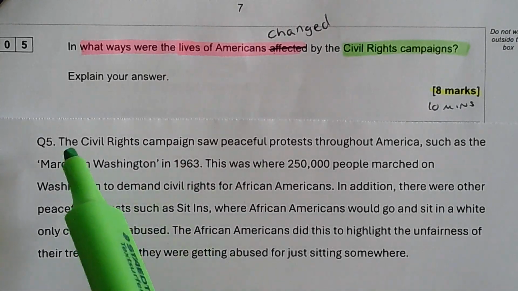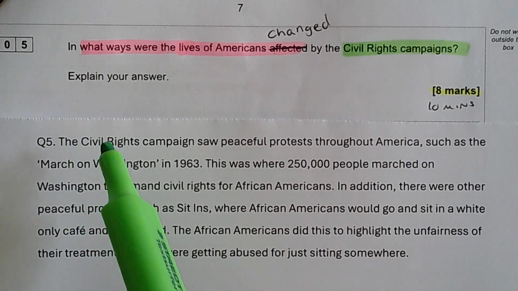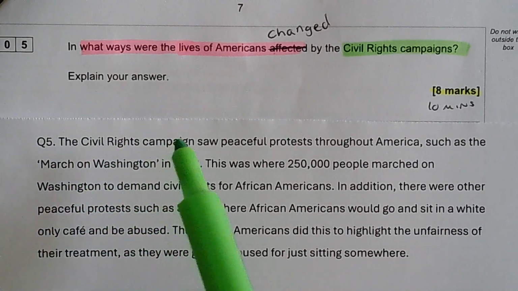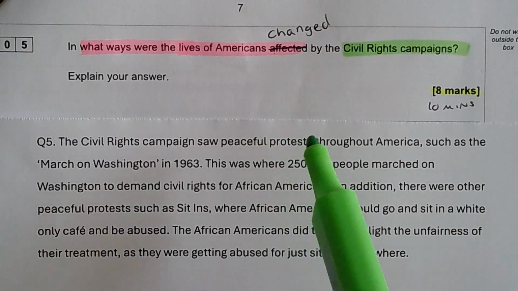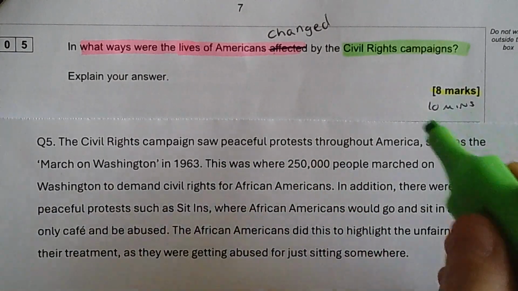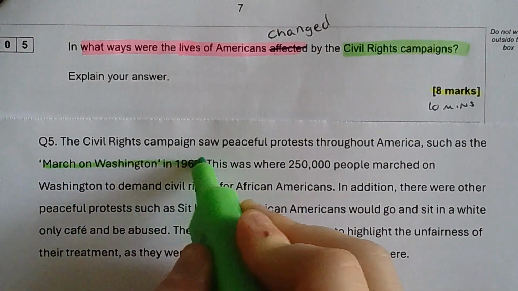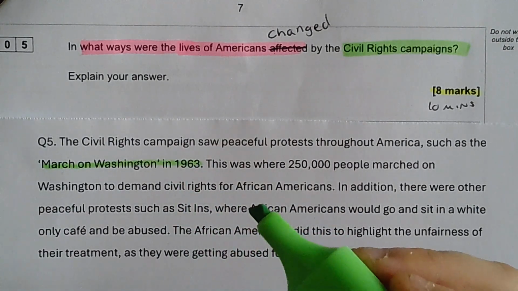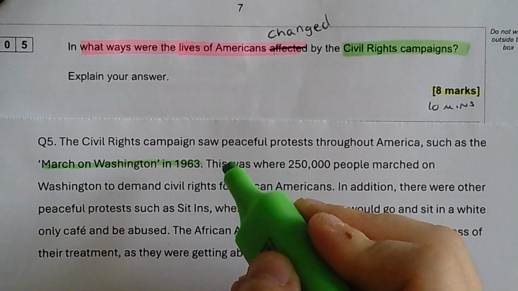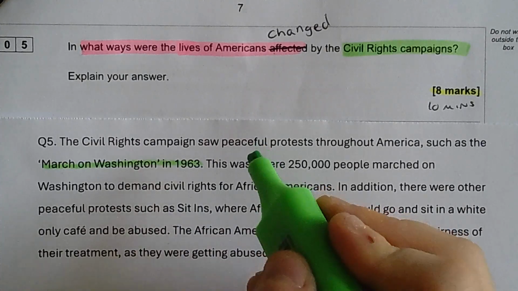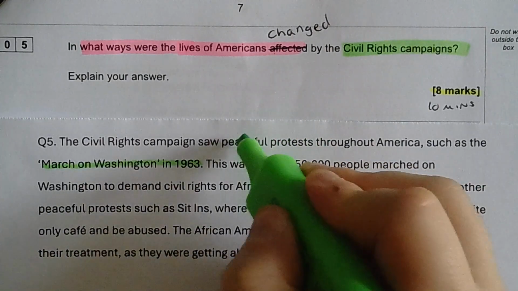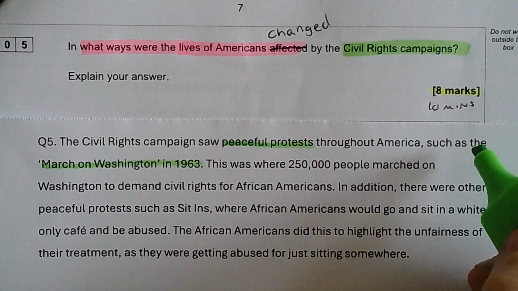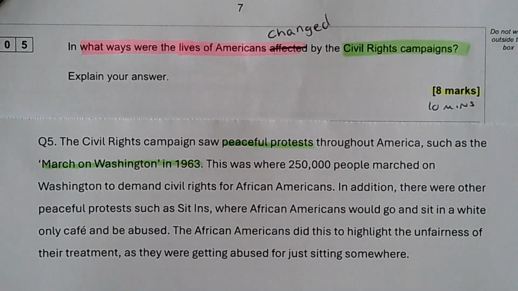So, the answer starts off as following. The Civil Rights Campaign saw peaceful protests throughout America, such as the March on Washington in 1963. So straight away, I've used the language of the question. I've explained what the Civil Rights Campaign is, peaceful protests throughout America, and I've given a specific example.